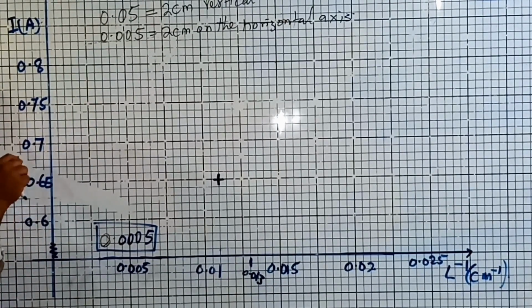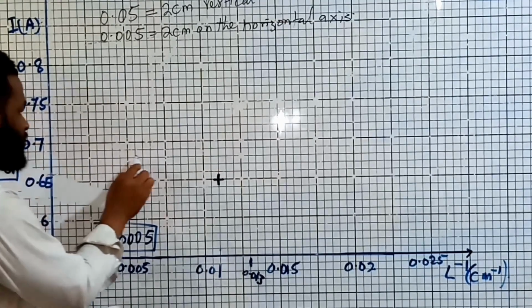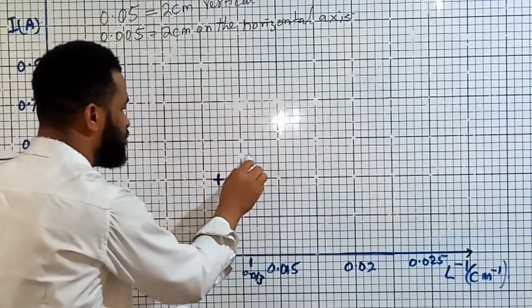So 0.01 times how many, plus 0.65, will give us 0.68? I think it's 3: 0.01 times 3, plus 0.65. It's 3 lines. So you count the first line, second, third, and keep going until you meet the sixth line.